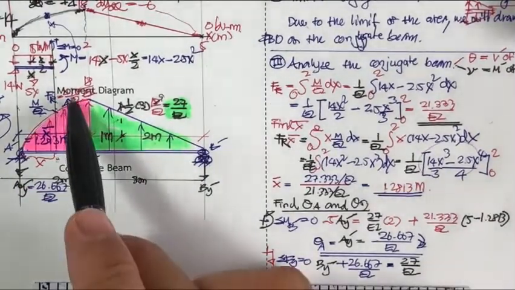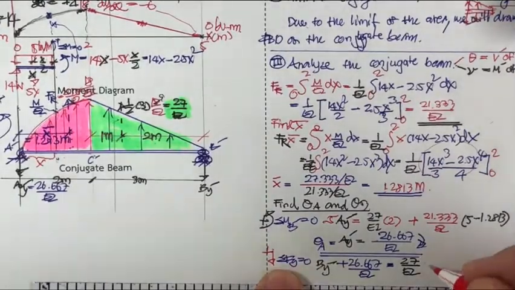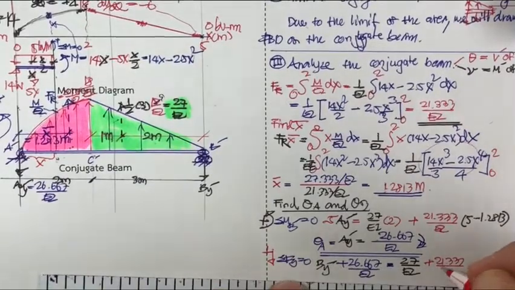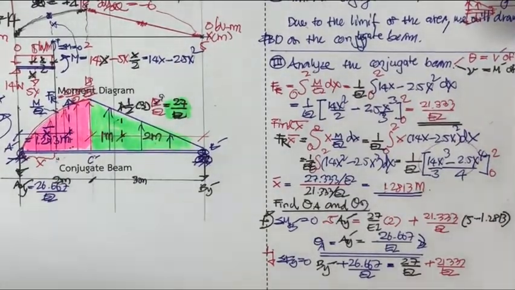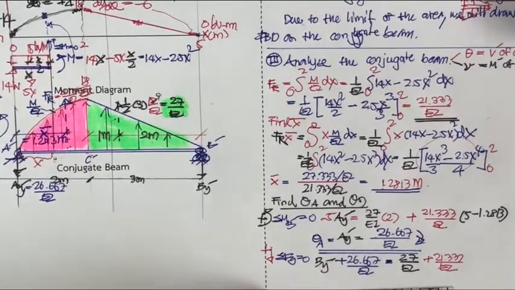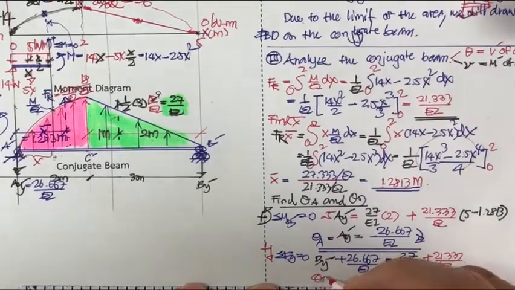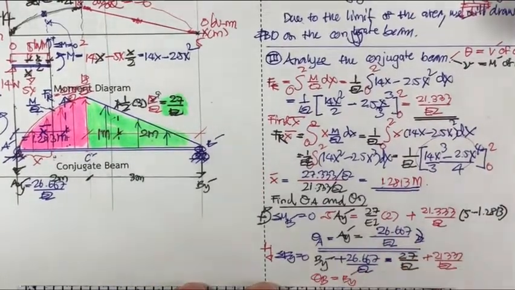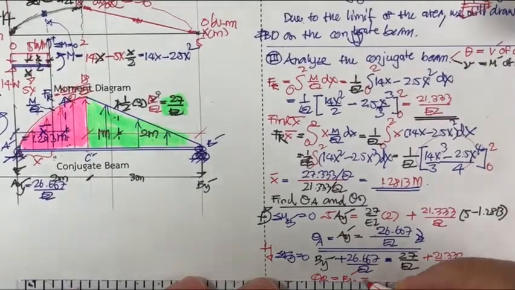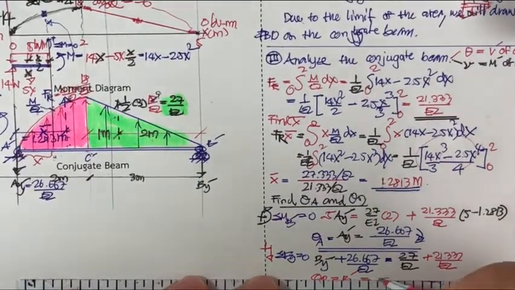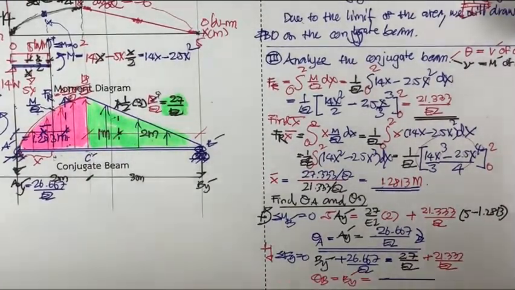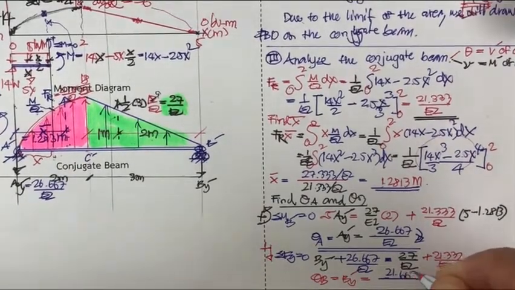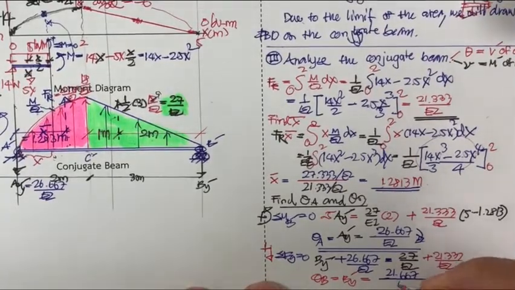And then we still have this one plus 21.333 divided by EI. Okay, if you do this, you will get theta sub B equal to B sub y prime, and it's going to be 21.667 divided by EI.